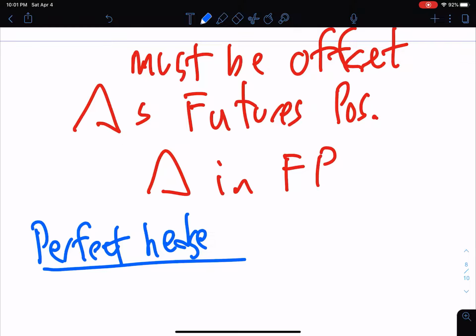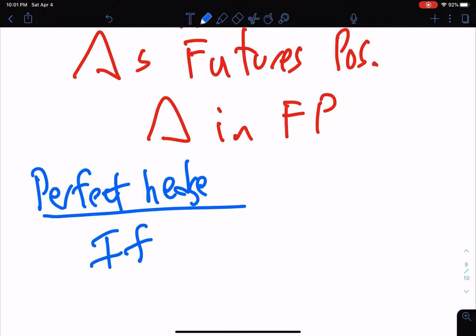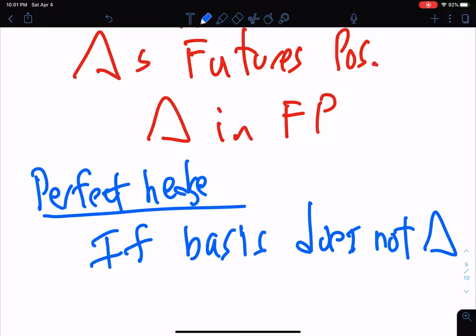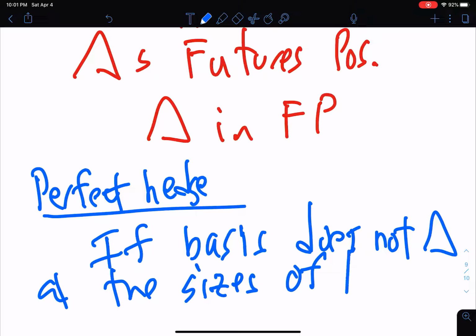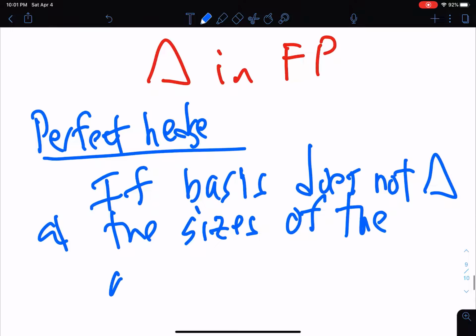A perfect hedge would exist if the basis does not change and the sizes of the cash and futures position are equal.